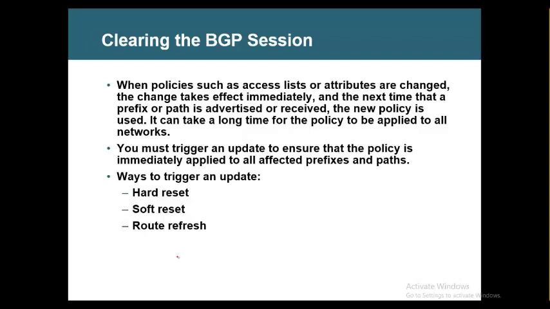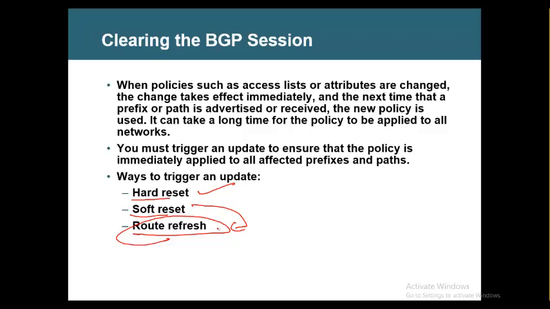Whereas in BGP you have both hard reset and soft reset. Hard reset, as the word says, is going to be a disruptive reset. Soft reset is like a route refresh. Soft reset is route refresh, meaning you once again send and receive without removing the old info.